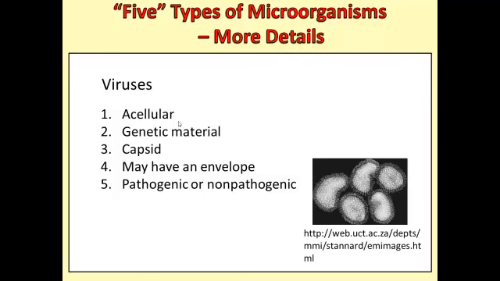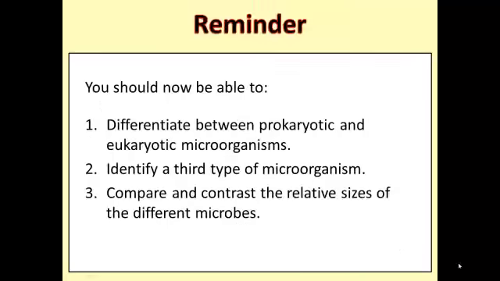Others, such as these influenza viruses and HIV, are important pathogens of humans. Whew, we made it. You should be more comfortable now with differentiating between prokaryotic and eukaryotic microorganisms, and being able to identify a third type of microorganism. Can you guess what it is? Yeah, viruses. Compare and contrast the relative size of the different microbes.